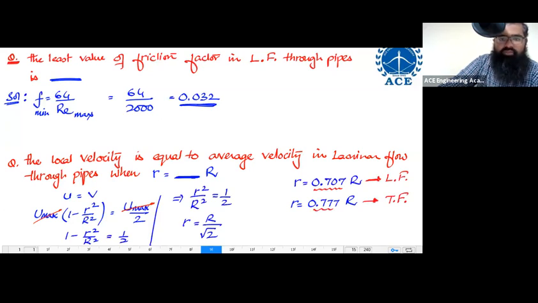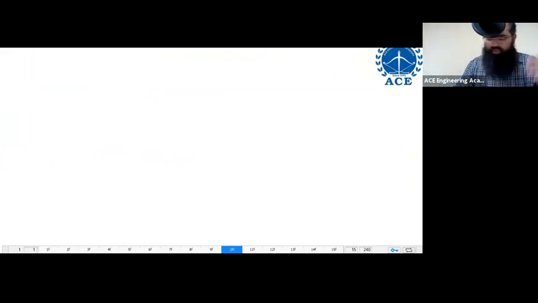Okay, this was regarding the concept of laminar flow through pipes. Now moving further, I'm going to discuss the concept of laminar flow between fixed parallel flat plates.